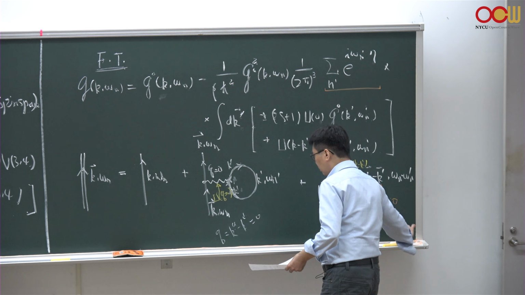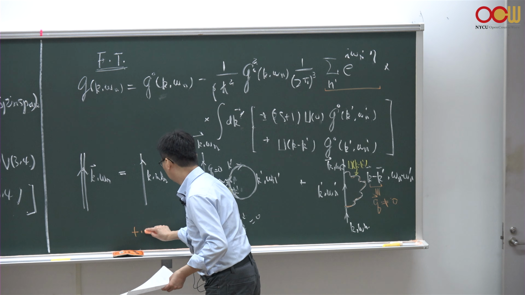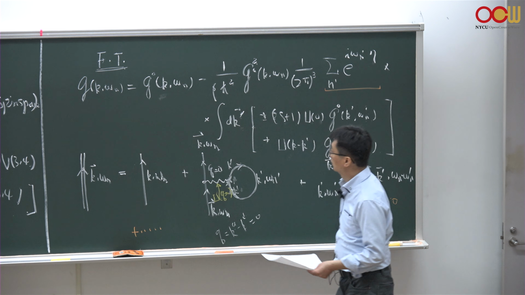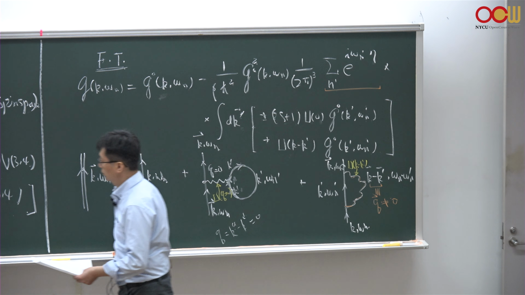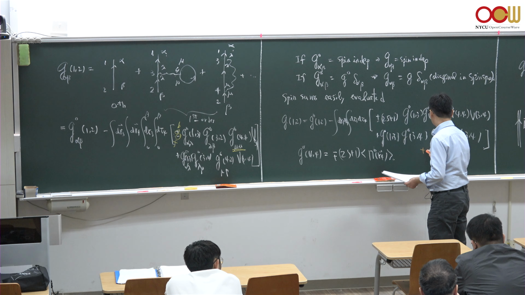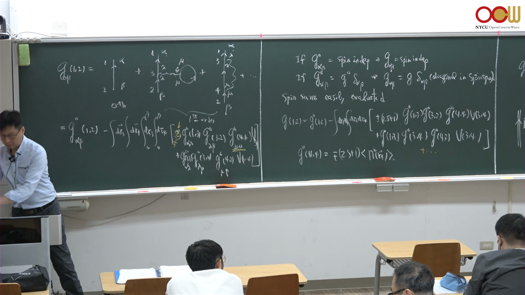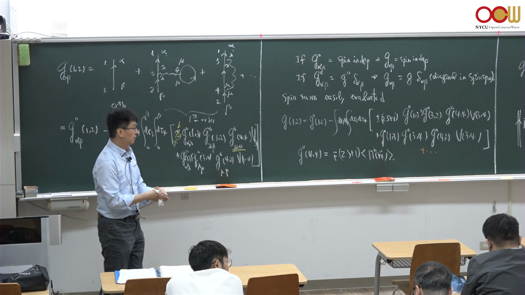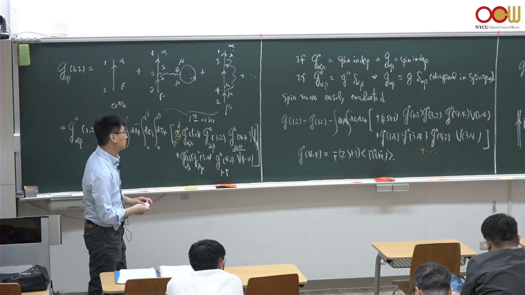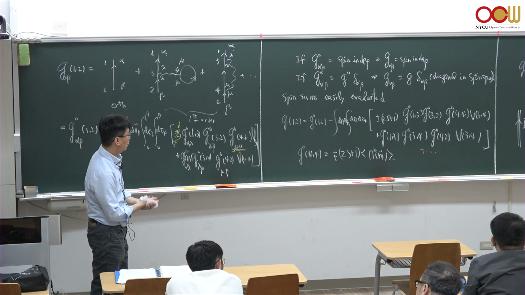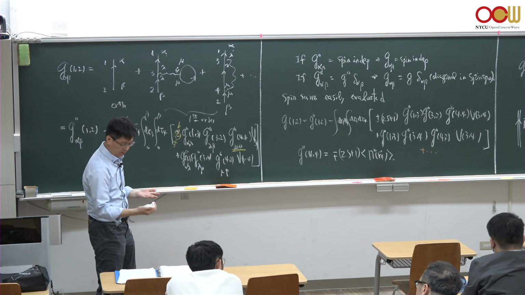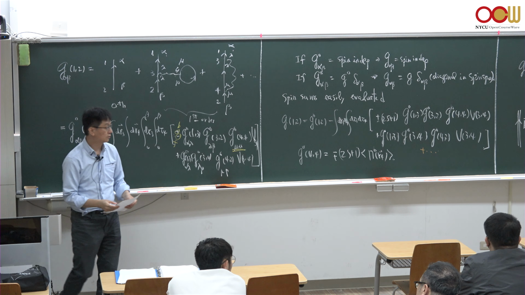And of course, we should add the higher order contributions to this full Green's function. So this is only up to the first non-trivial order. Okay, so once we have listed the Feynman diagrams and Feynman rules, it's just a matter of a bookkeeping task to write down all these corrections that we need to sum over.